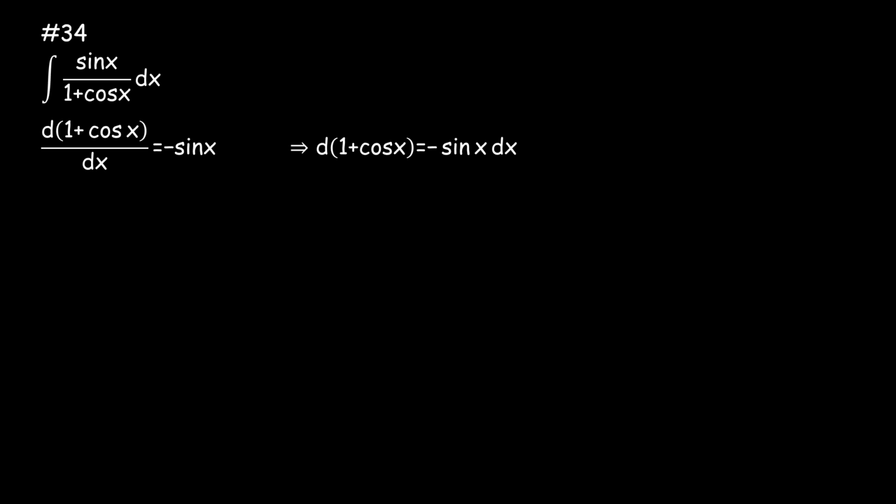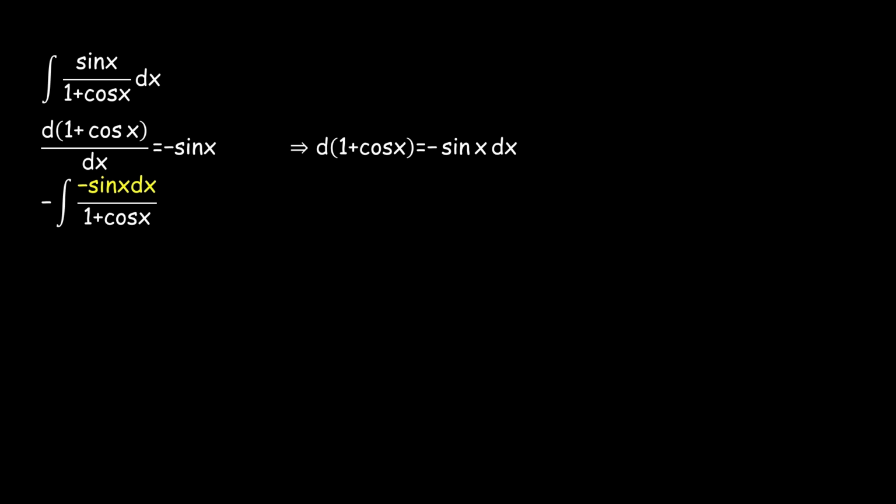So if we group sin x and dx together, we would see that it's f prime of x in the denominator. If we attach a negative to sin x, we have to place a negative on the outside so that we don't alter the original question.